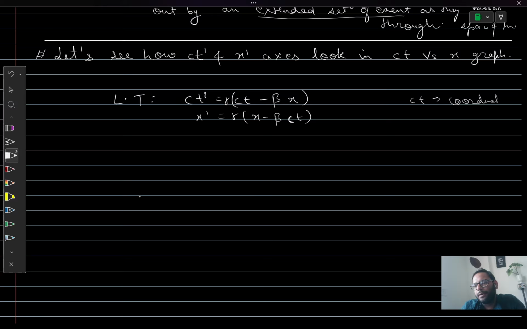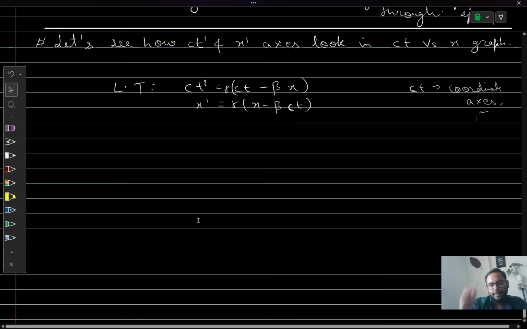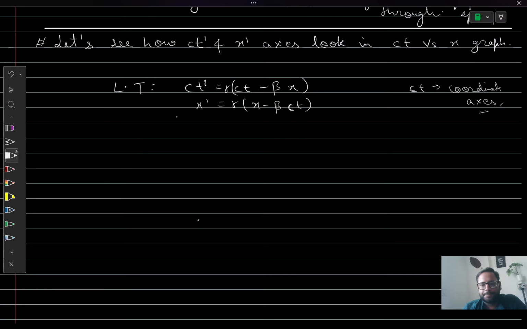Another reason is that ct has dimension of length, so it will look more symmetric, and I will take this as the coordinate axis. So the graphs will be drawn with respect to this ct, not only t. It just simplifies our things.